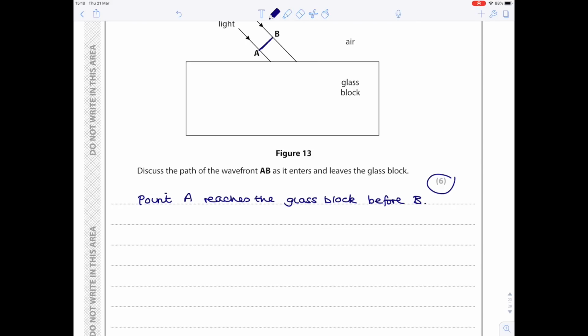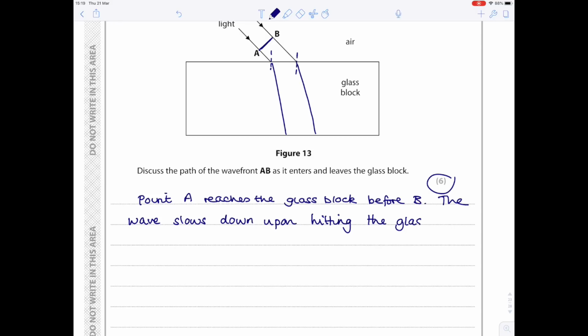And then what happens? Well, remember we have a normal line at 90 degrees, and this wave will be refracted towards the normal. Try and keep them parallel. That's not very parallel. Let's write the wave slows down upon hitting the glass block and is refracted, try and include some nice scientific words here, towards the normal.